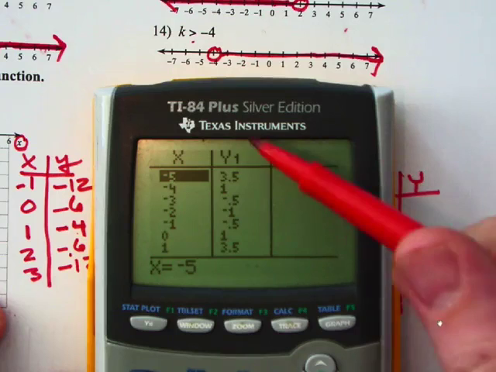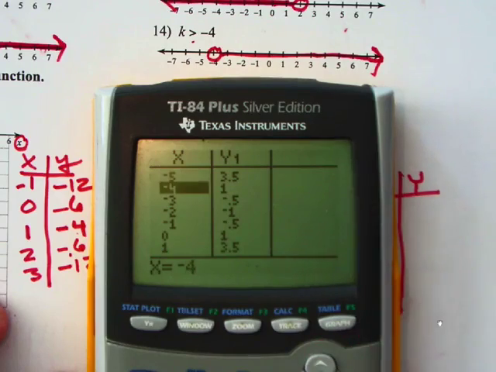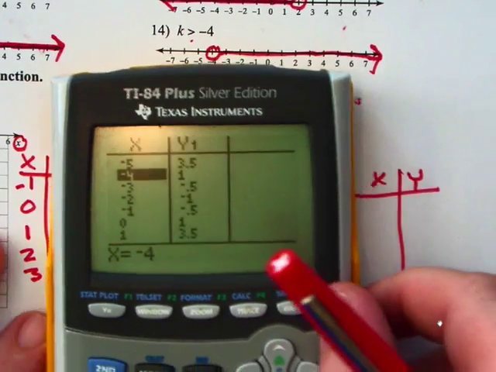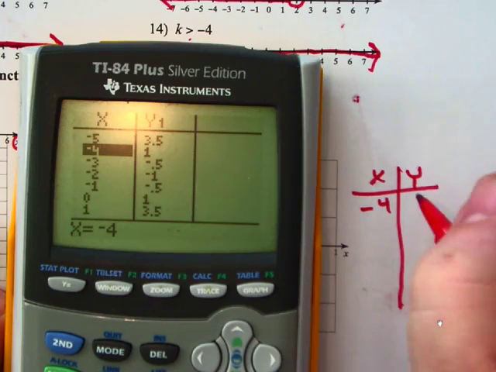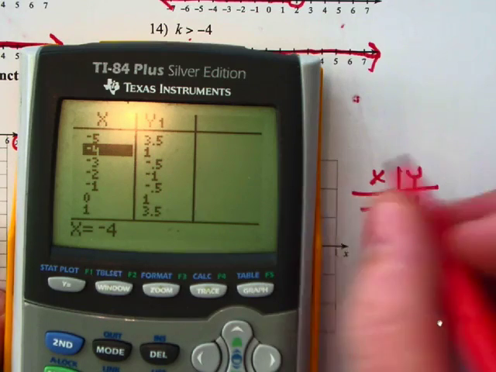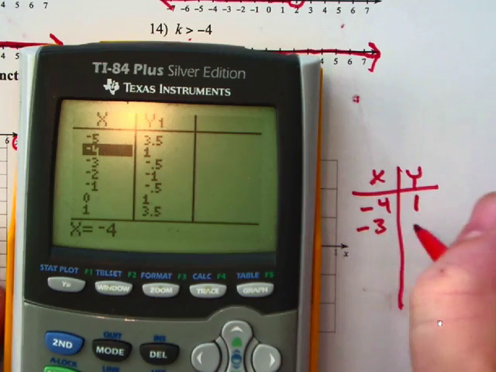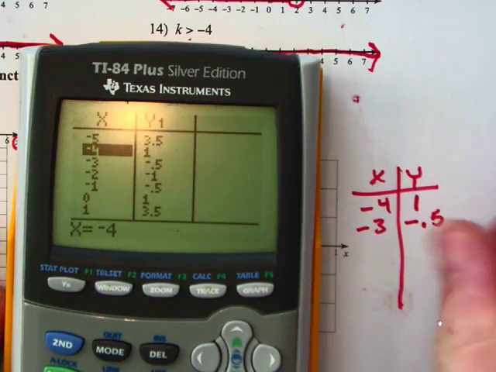So there's x to the negative 5, but notice the y goes above 3, so we can't use that one. So let's go down to the next one. When x is negative 4, y is 1. See that right next to the negative 4? When x is negative 3, y is negative 0.5.